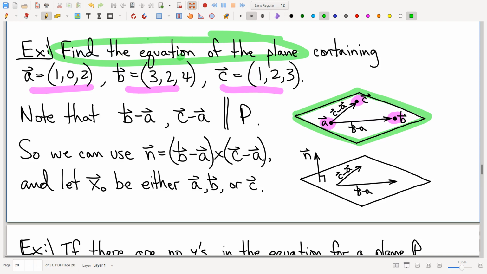I'm going to point out that there's a million questions that all have this same general structure, which is, hey, here's some information about some geometric objects. Here's a related geometric object. How would we understand the related geometric object? So here we're given information about points, geometric objects, and we want to find information, namely an equation, for the plane containing them. That's a related geometric object.